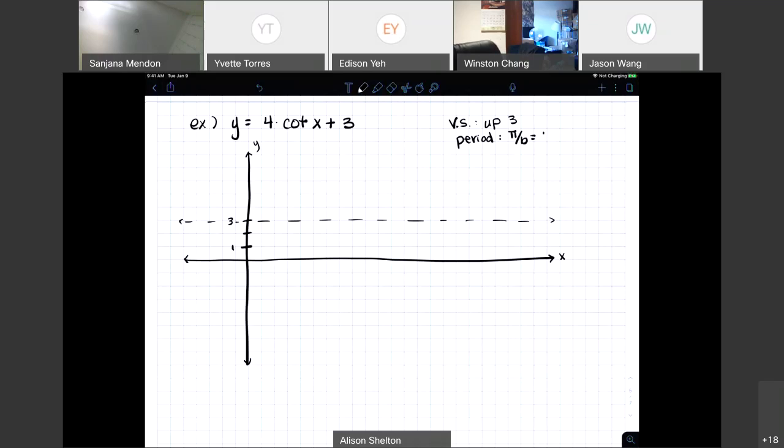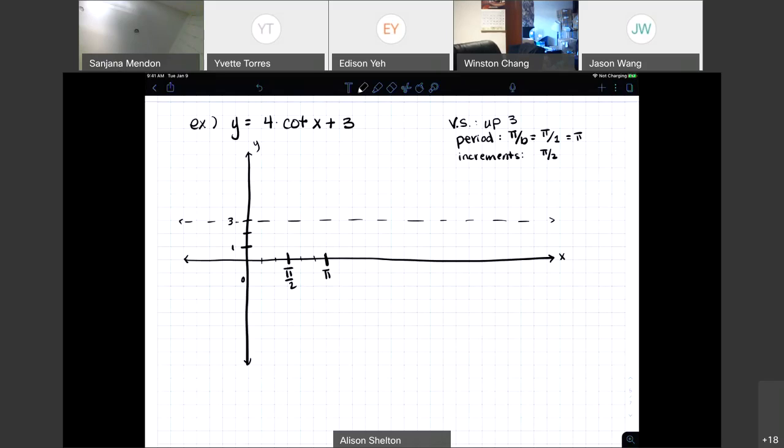So that's pi divided by 1, which is just pi. So our period is pi. Our increments then are every pi divided by 2. So here's 0. Let's go 1, 2, 3. We'll call this pi over 2. And we'll go another 1, 2, 3, and we'll call that pi. I've marked off the increments now.